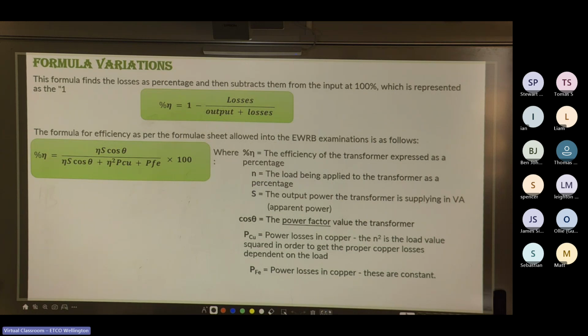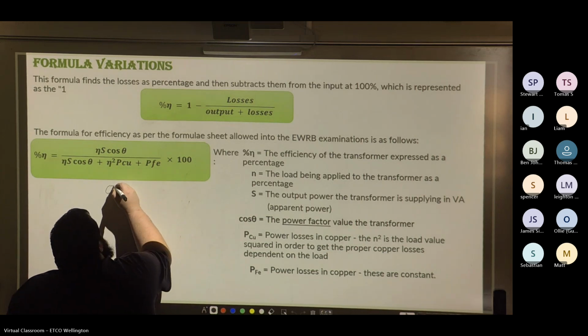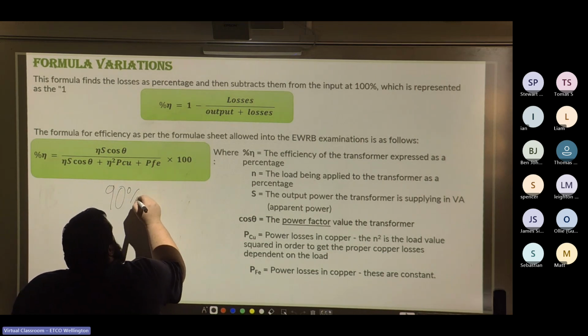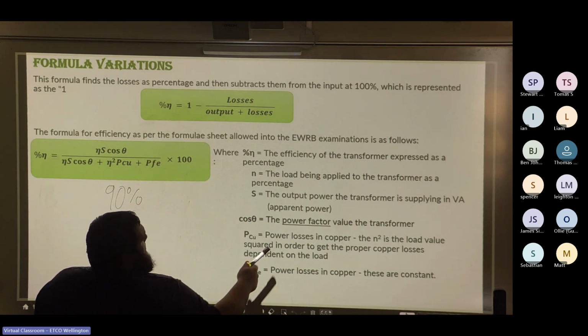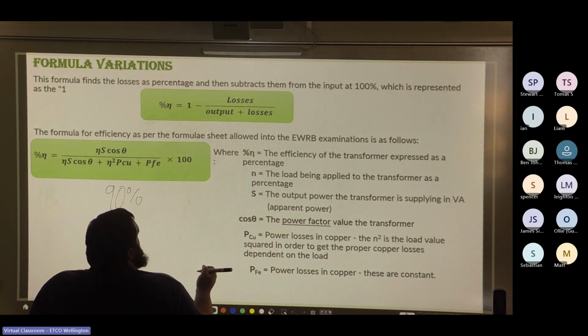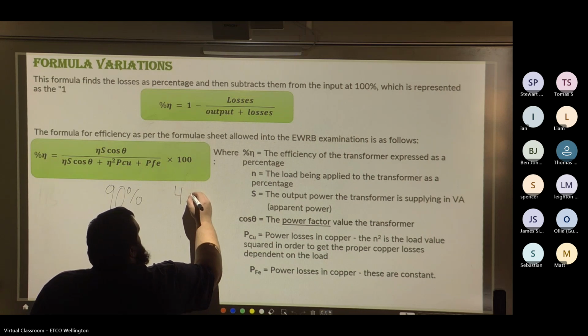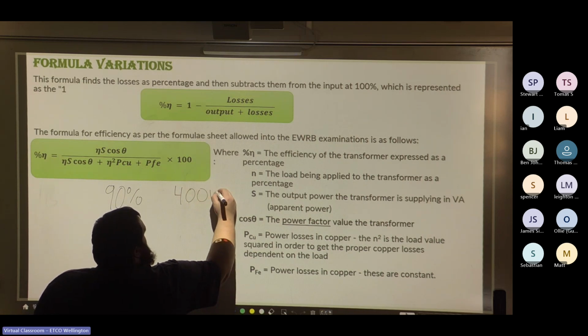Okay, let's try and work this into a calculation. So we want to find out the efficiency percentage of a transformer. We know the load being applied to the transformer is at 90% load. The output power of the transformer, or the apparent power, is 400 VA.